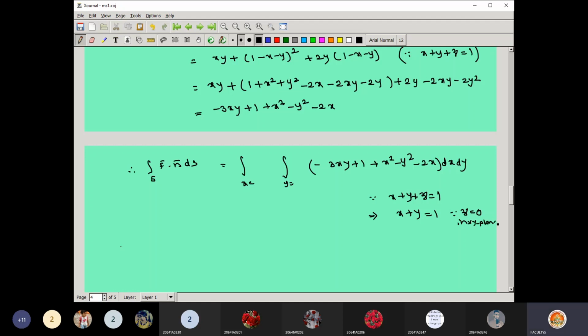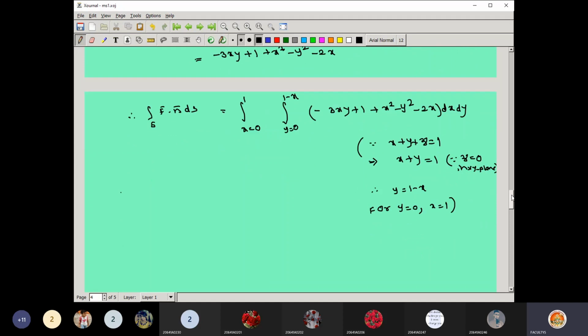So first you focus on the second variable, y equals 1 minus x, so the limits are 0 to 1 minus x. Similarly, in order to get the x limits, you suppose that y is equal to 0, so that you get x equal to 1. So the limits are 0 to 1. Only thing, because you are taking the xy plane, z is always equal to 0.